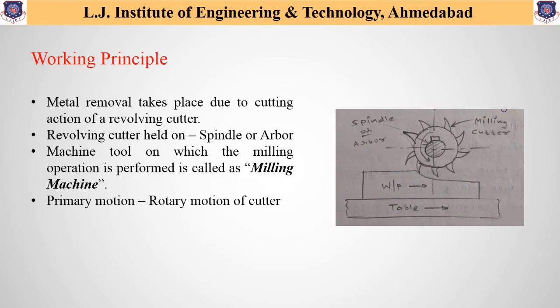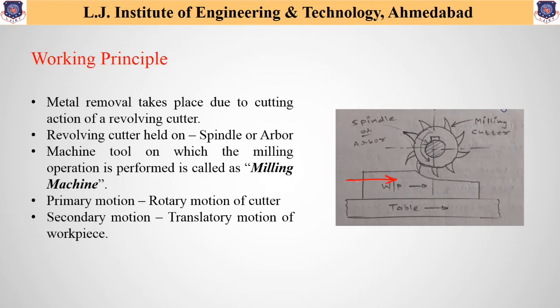Similarly, the secondary motion is the translatory motion of the workpiece. That means if we are feeding this workpiece in the forward direction or in the return direction, this translatory motion of the workpiece is called the secondary motion. So these two movements are necessary for cutting action in the milling machine.